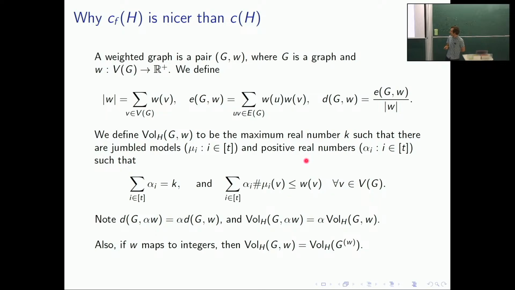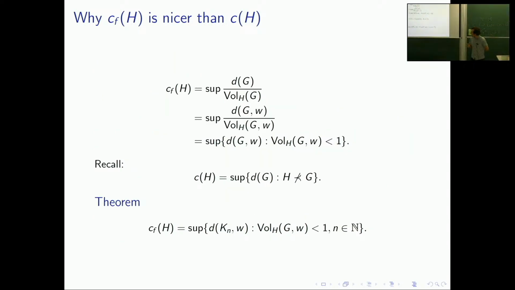Now we bound it by the weight of the vertex instead. And this gives us essentially yet another way of defining the fractional extremal function, because we can actually define the fractional extremal function in terms of weighted graphs.